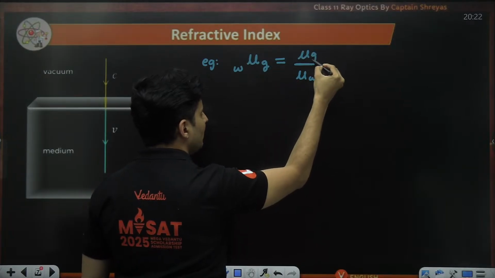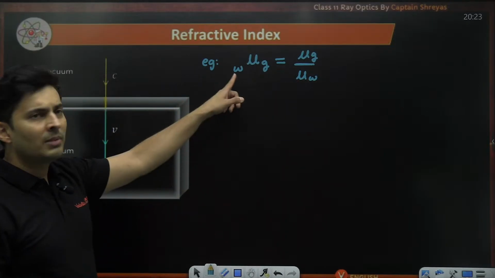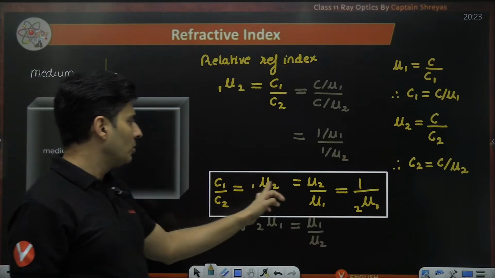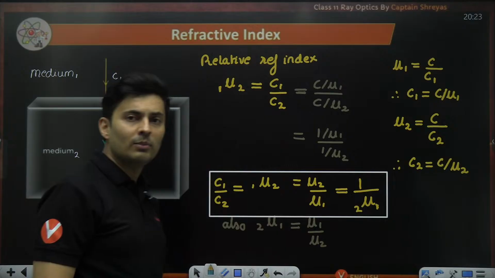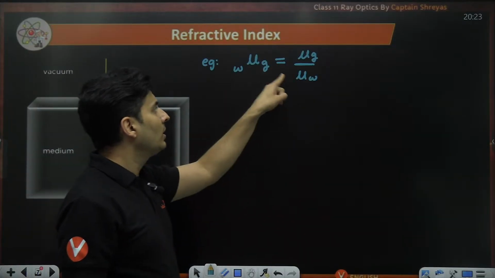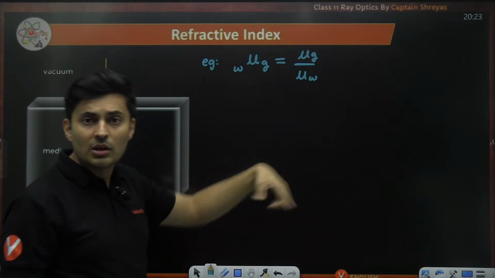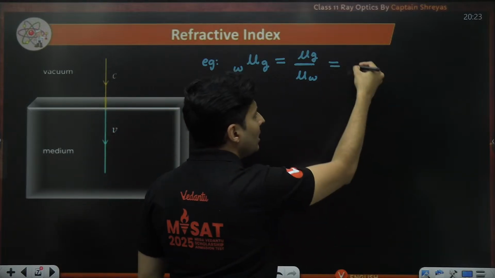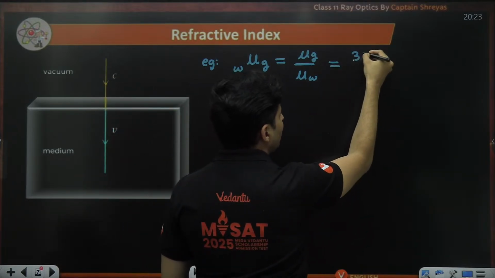So mu g divided by mu w. Is that making sense? 1 mu 2 was mu2 by mu1. That is what I showed you over here. So whatever comes later goes in the numerator, and whatever comes first goes in the denominator. The refractive index of glass, I already know. It is nothing but 3 by 2.